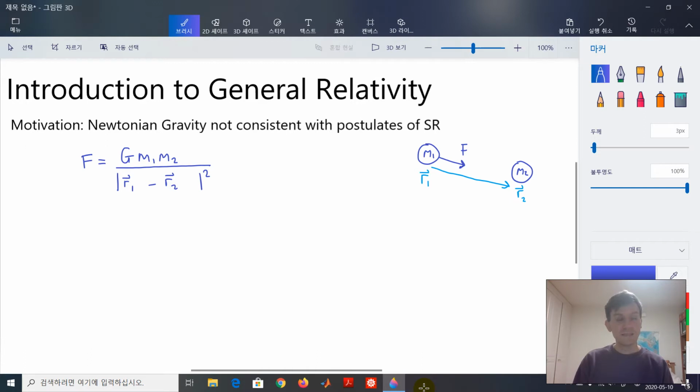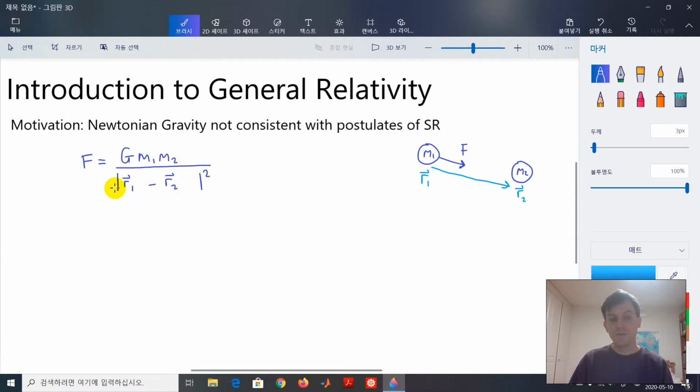Okay, so why is this not consistent with special relativity? Well, the most serious problem here is about when you measure F and R. Newton's law says the force at time t is related to the distance between the two masses at time t.